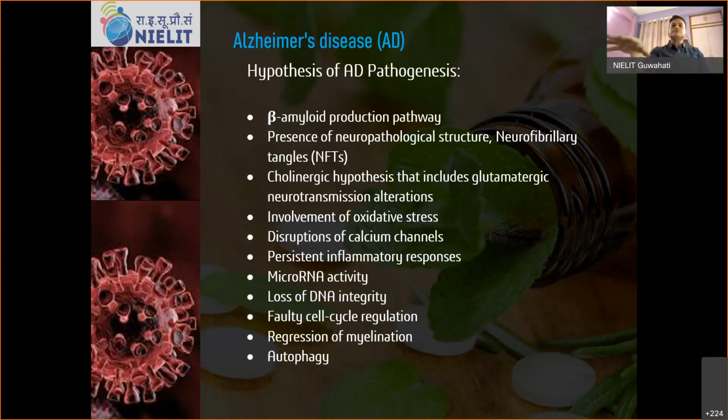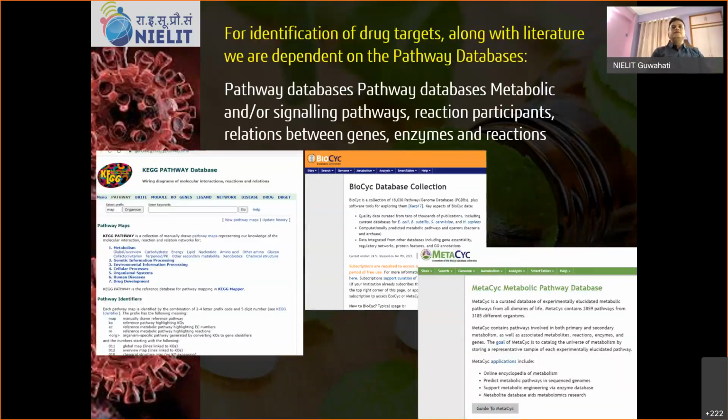In Alzheimer's disease, there is huge literature available on the web describing the AD pathogenesis, Alzheimer's disease pathogenesis. From there, we can selectively use some of the pathways through pathway databases like the KEGG pathway database, the BioCyc database collection, and the MetaCyc metabolic pathway database. These are three examples I have given, but there are many.